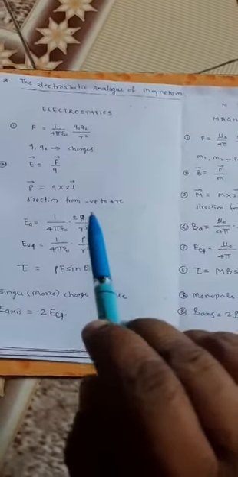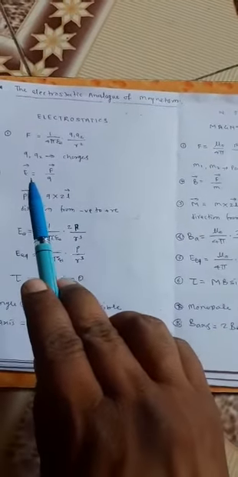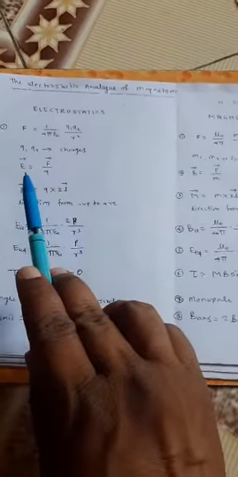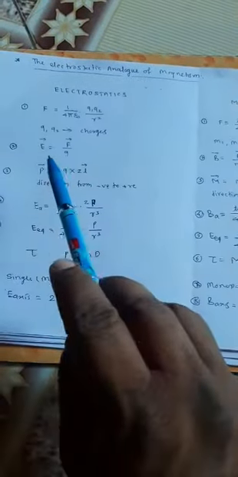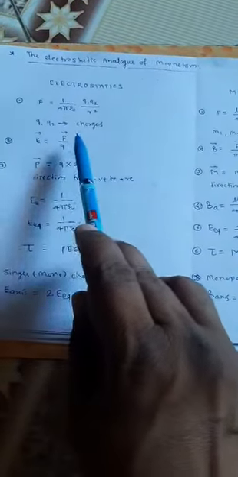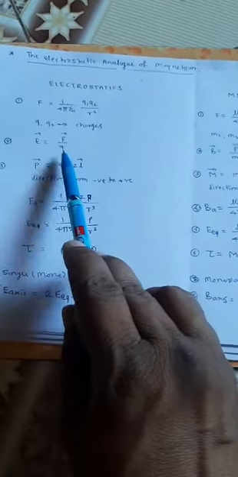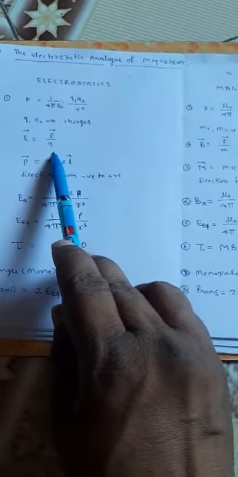Second term, we have already learned that electric field or intensity of electric field is the force per unit charge. Force acting on a particle placed in an electric field per unit charge is given by the electric field E is equal to F divided by q. Here q means the charge.